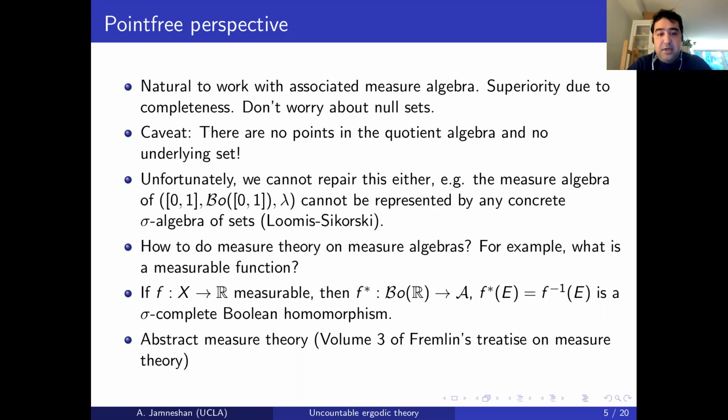There is an example which goes back to Loomis and Sikorski, which shows that already for the Lebesgue probability space, if we quotient out the ideal of null sets, then we cannot represent the measure algebra by a concrete algebra of sets. Represent here means that we cannot find a Boolean isomorphism to a set with an ordinary sigma algebra of sets, which is isomorphic to that quotient algebra.